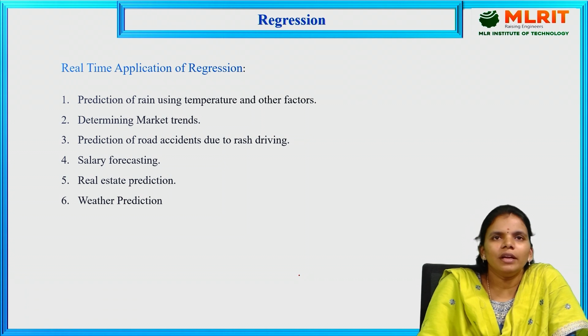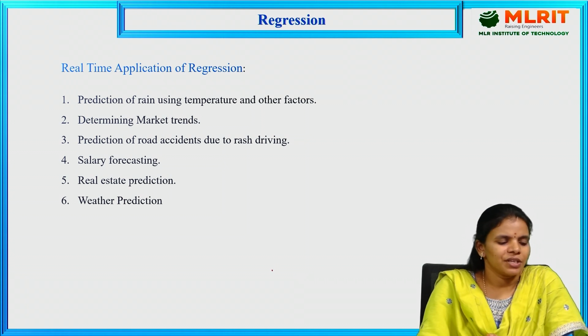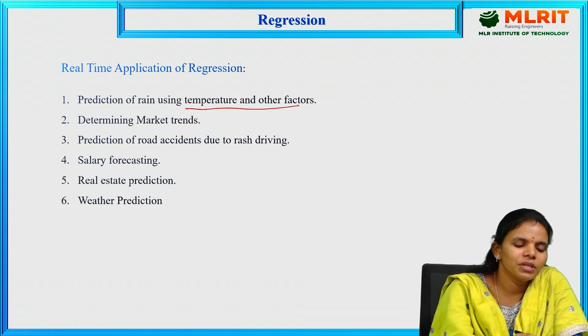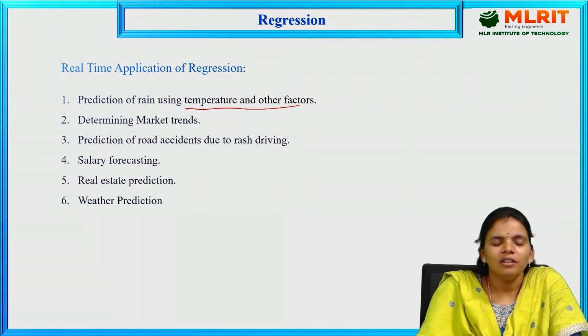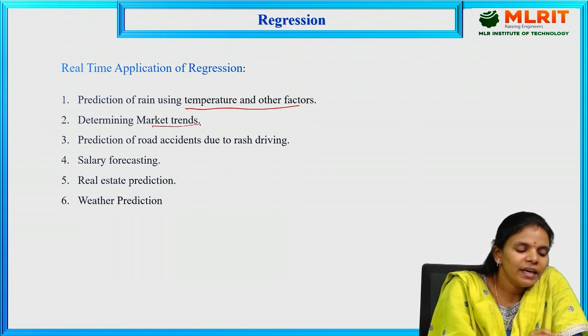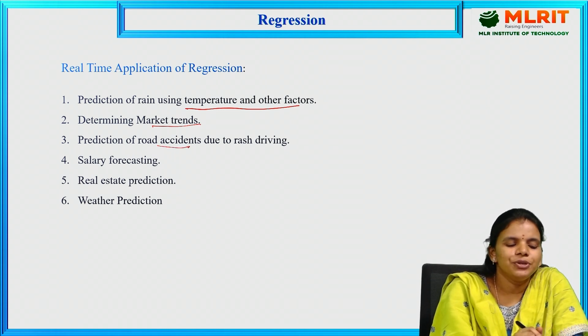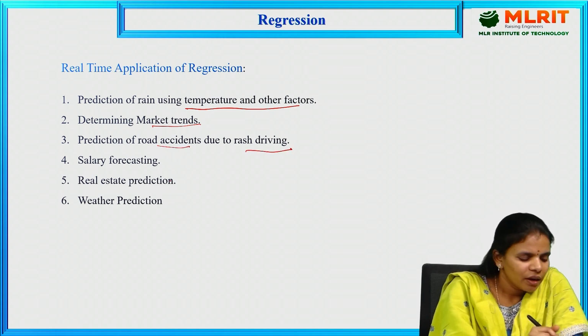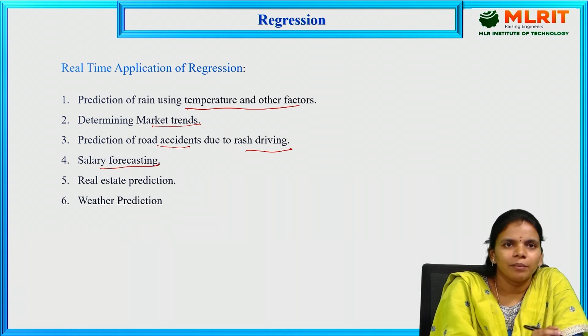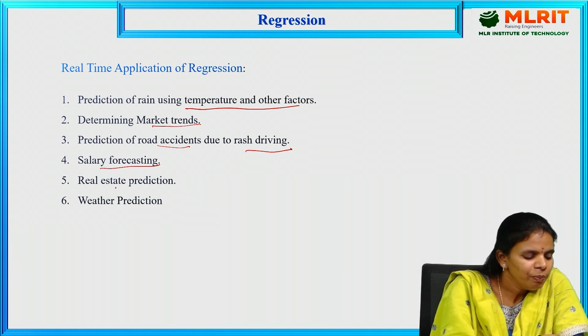Coming to the real world applications of regression: prediction of rain using temperature and other factors, determining market trends, prediction of road accidents due to rash driving, and salary forecasting, which we already discussed earlier. Next, real estate prediction and weather prediction.